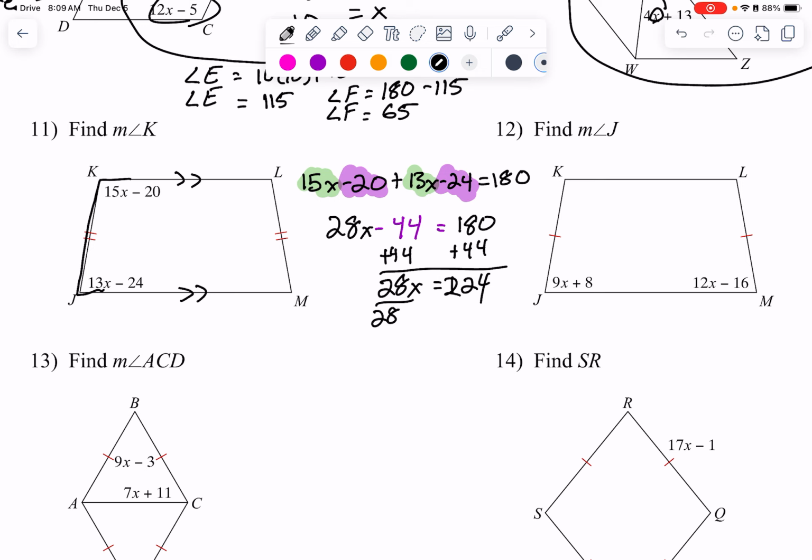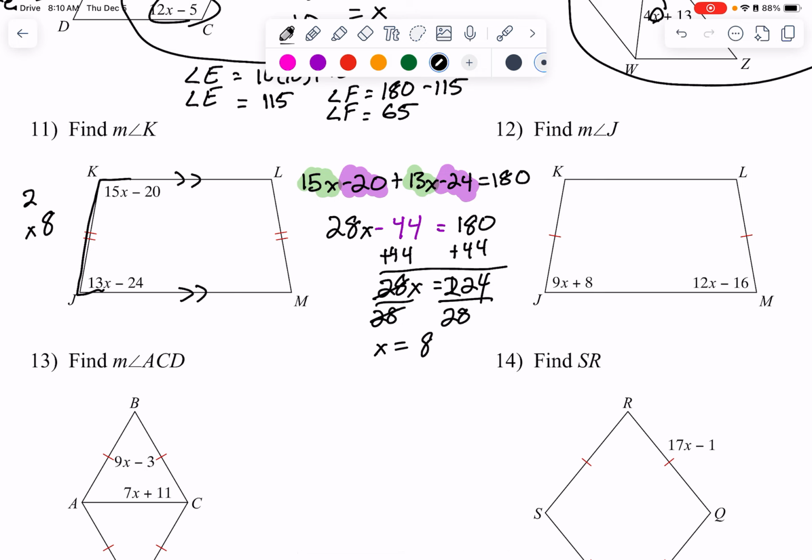So when I divide this, 28x, or not divide by 28x, but divide by 28 on both sides, we're going to see that x equals, how much would that be? Probably, I don't know, honestly, 10 times 28 would be 280, so that's too much. So I think it's going to be 8, and it's kind of a little bit of guessing, but a little bit of something else.